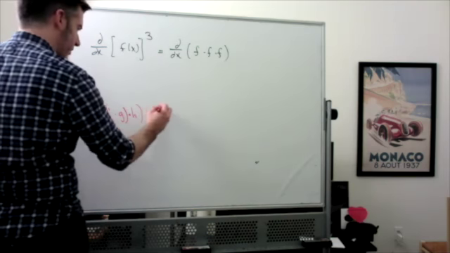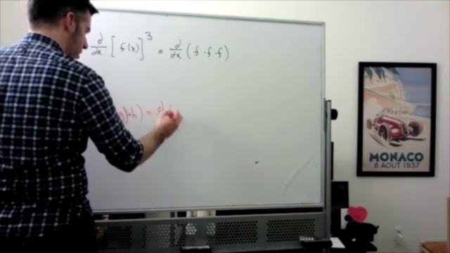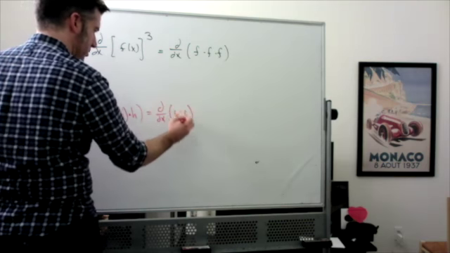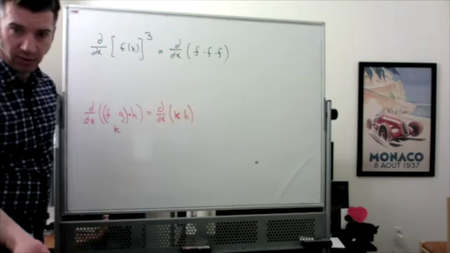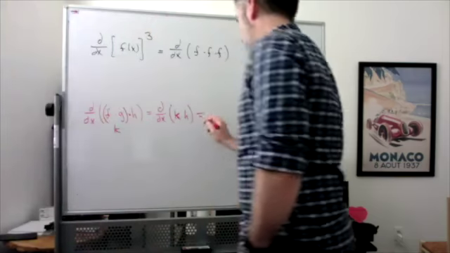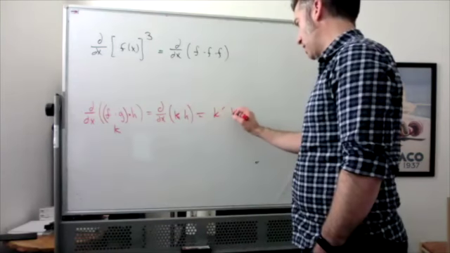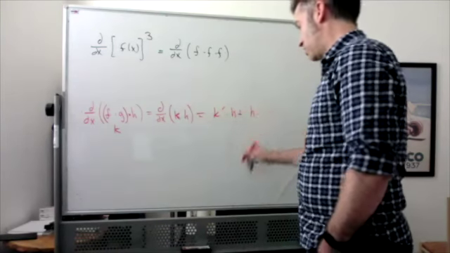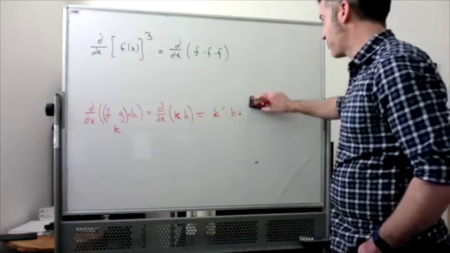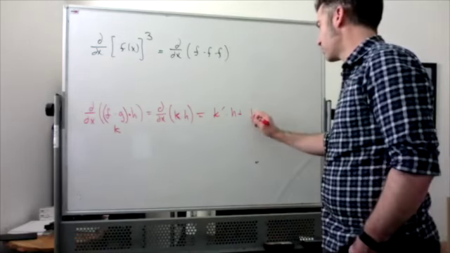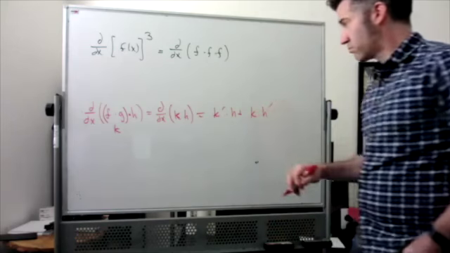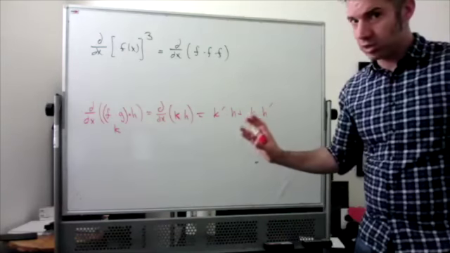So this is the derivative of k times h. Why not take the product rule? It's going to be k prime times h plus k times h prime. Okay, no big deal, just the product rule.